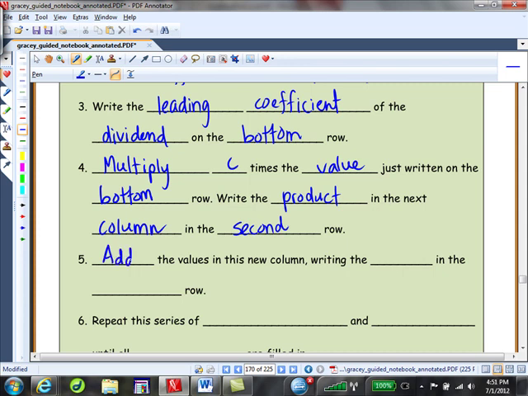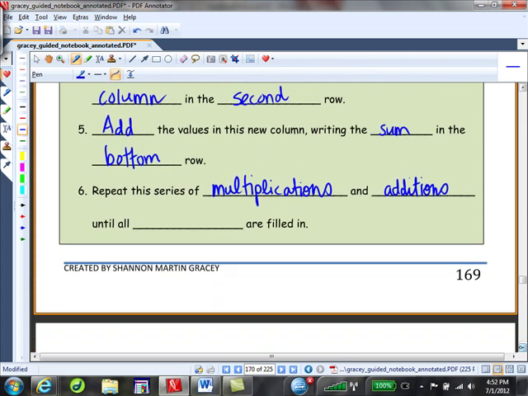Add the values in this new column, writing the sum in the bottom row. Then you just repeat this series of multiplications and additions until all columns are filled in.